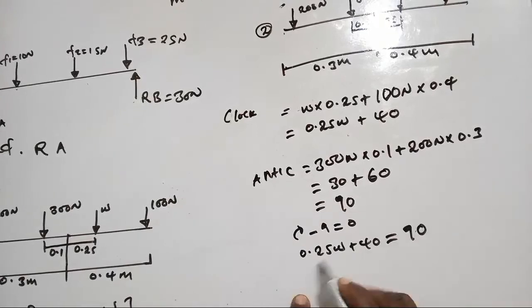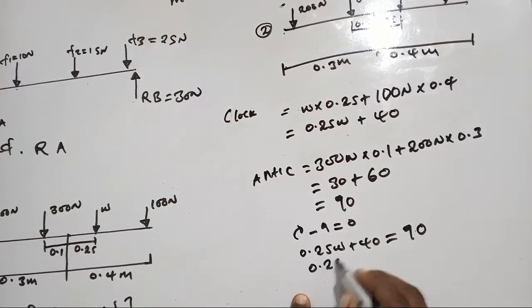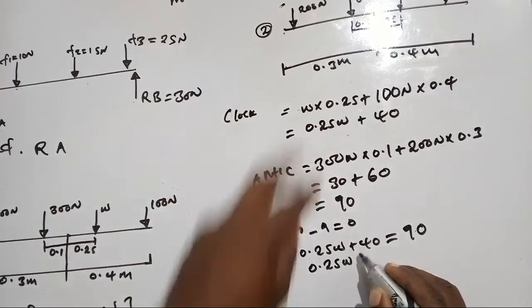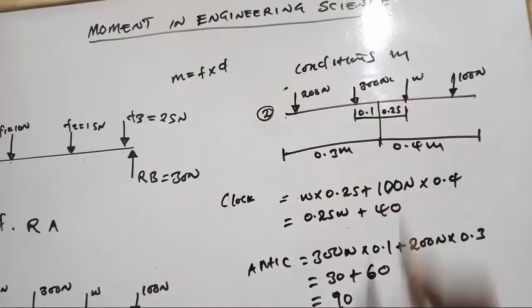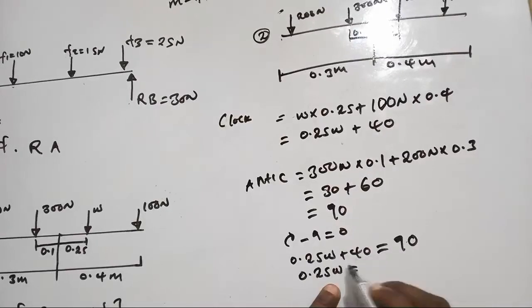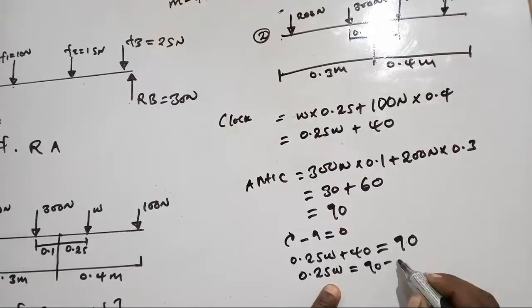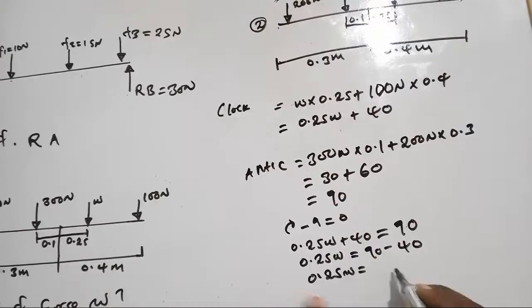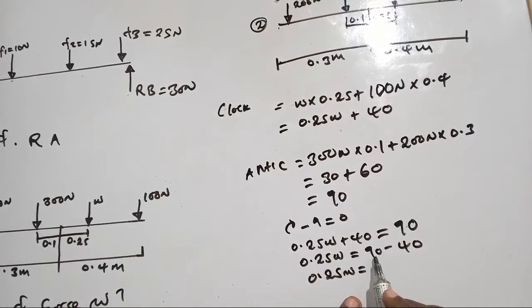Then when you subtract 40 from both sides, we have 0.25 W, the force which we are looking for, equals 90 minus 40, you are going to have 50, right?